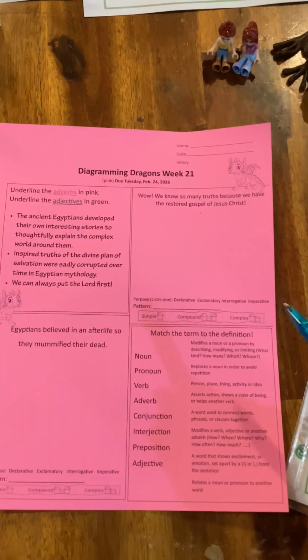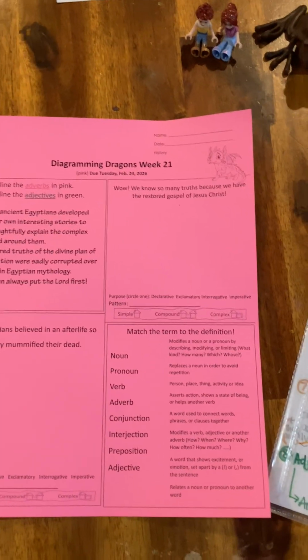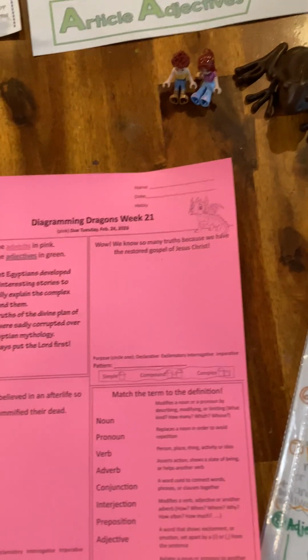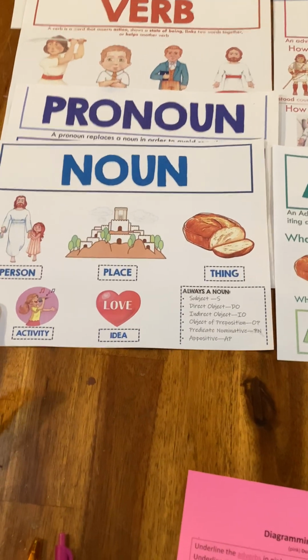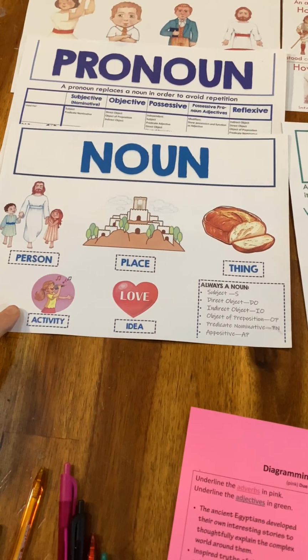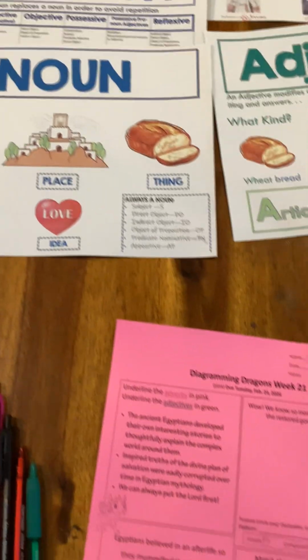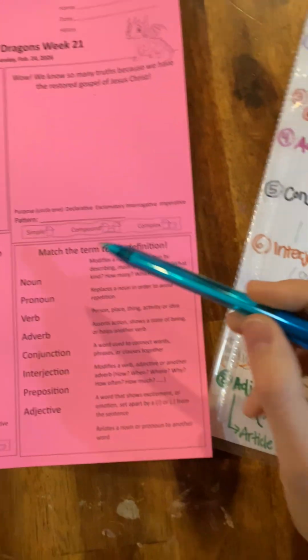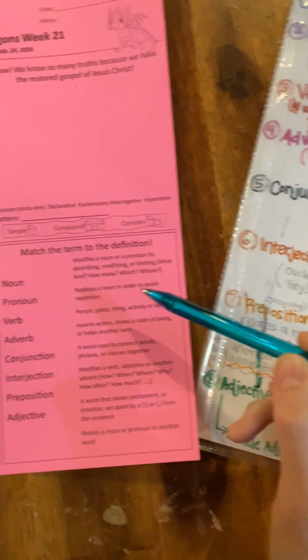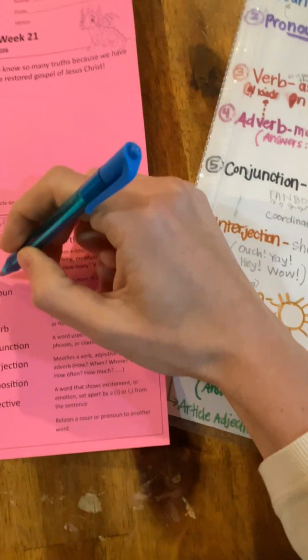So a noun, if we did the first one together, we would think: a noun is a word for a person, place, or thing, activity, or idea. So then we would look on our matching definition box and look for a person, place, or thing, activity, or idea. And I see it.